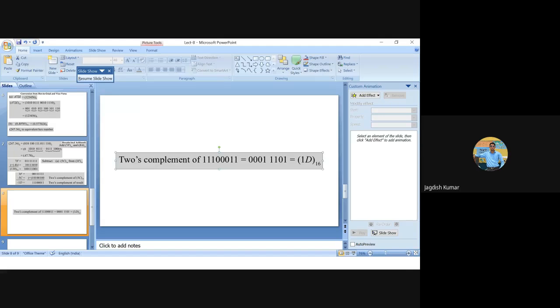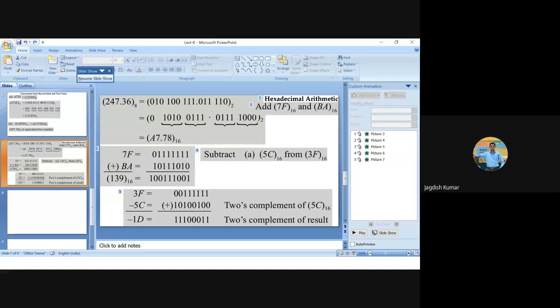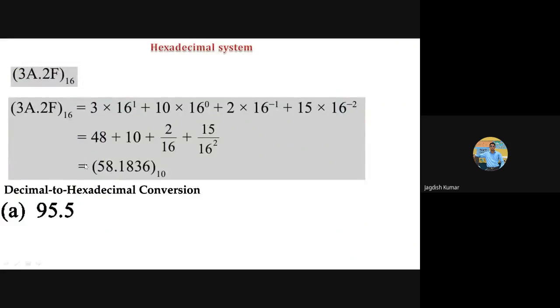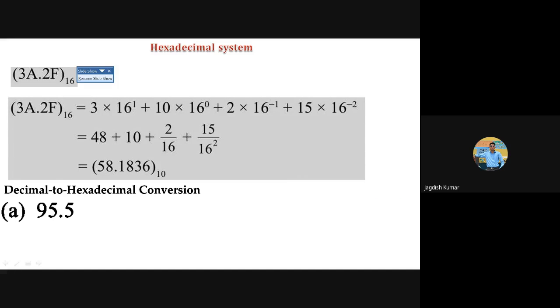Okay, let me wait for others. Most of you are getting the same answer, right? Let us see if everyone is getting this. Only a few students respond. Many are sitting silently. So please type your response, waiting for it.